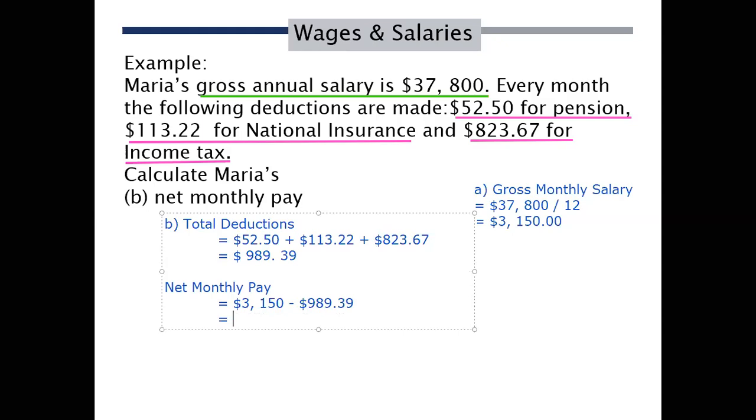When I subtract, I find that she's going to be paid $2,160.61. So that's part, I'll leave that there. That's part B of the question.